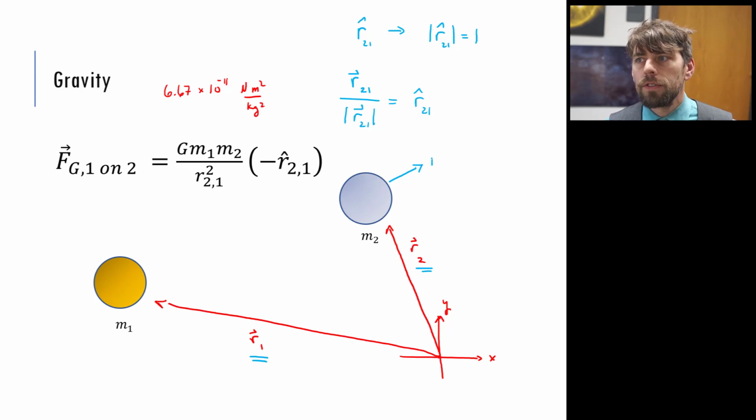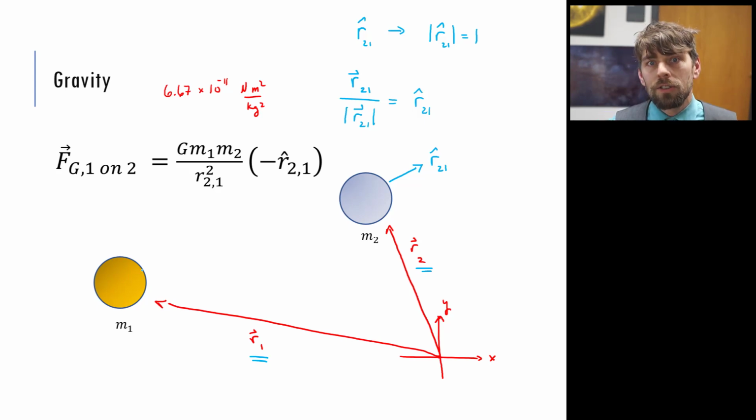So now we have some idea about the unit vector that points from object 1 to object 2. And notice I've just used my rules of vectors. I have simply translated that vector to a new location on the slide. That doesn't change the properties of the vector. I'm allowed to translate it without penalty.